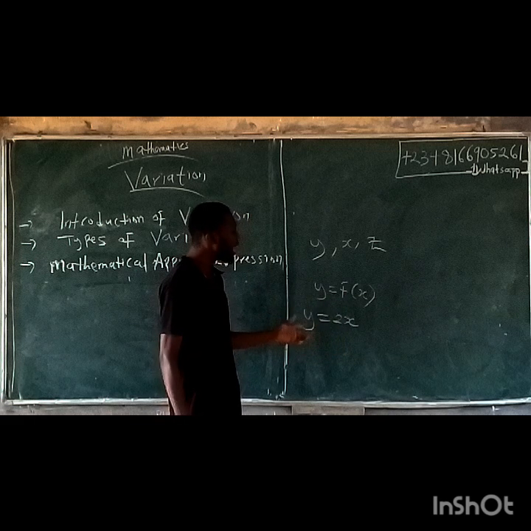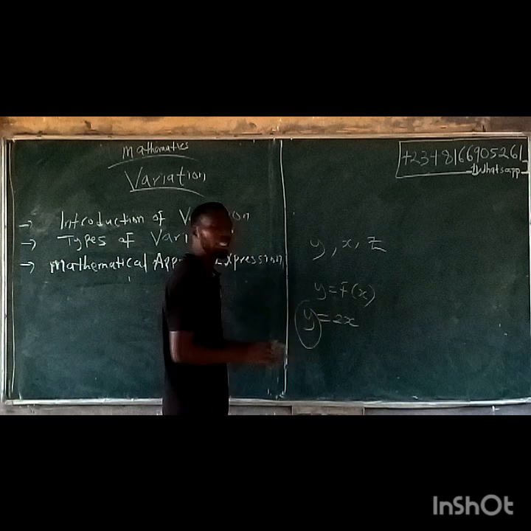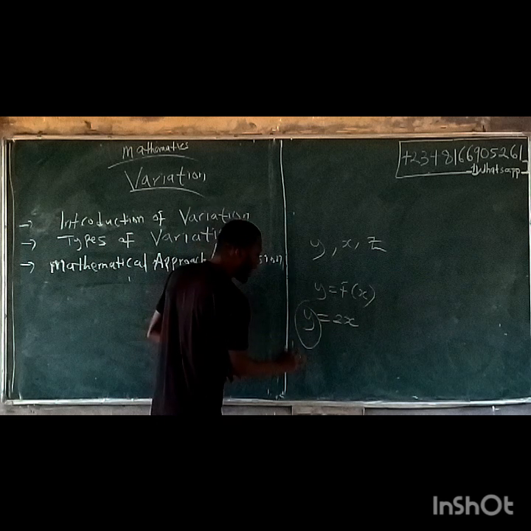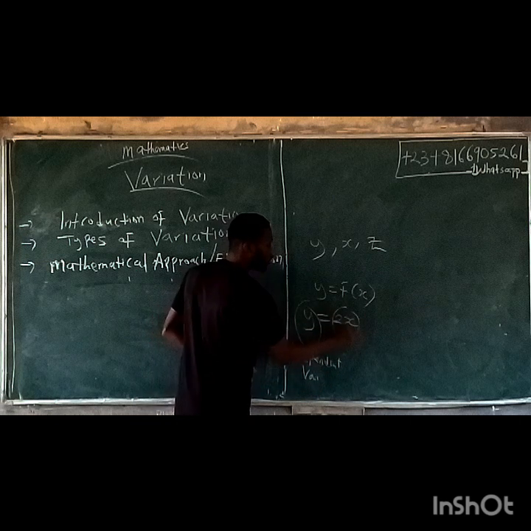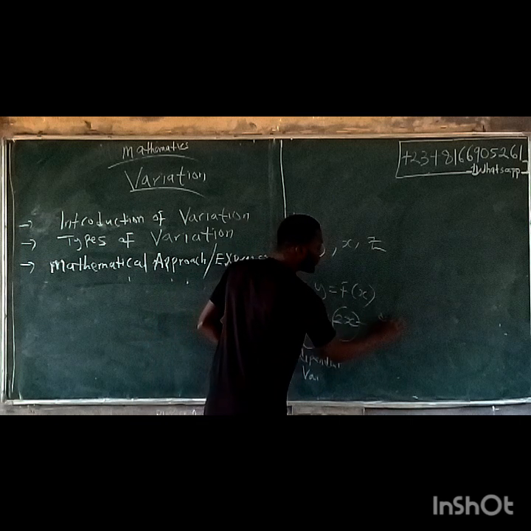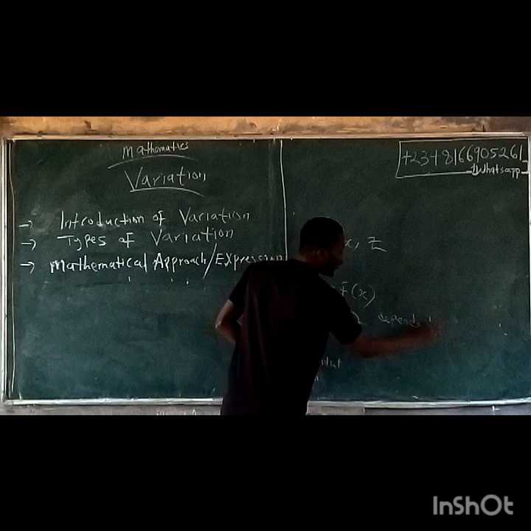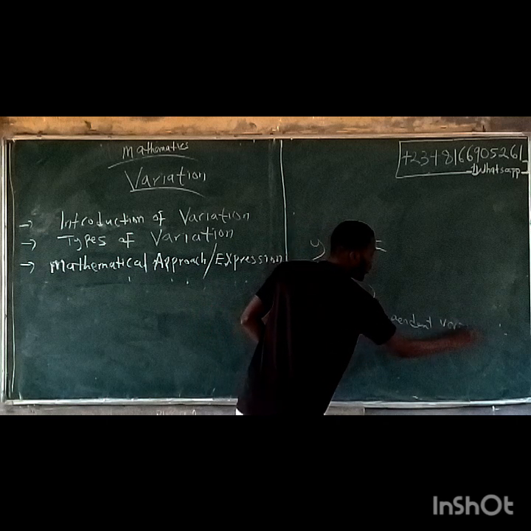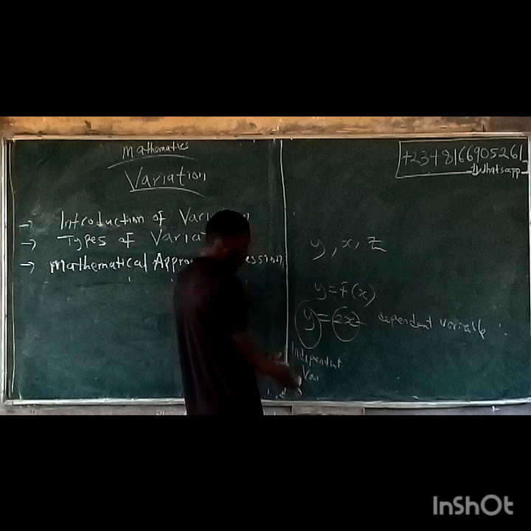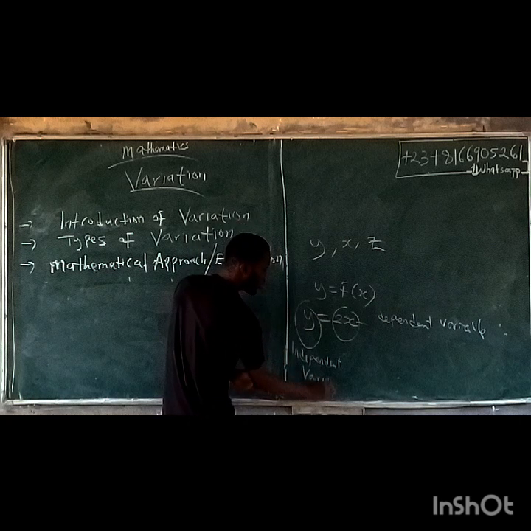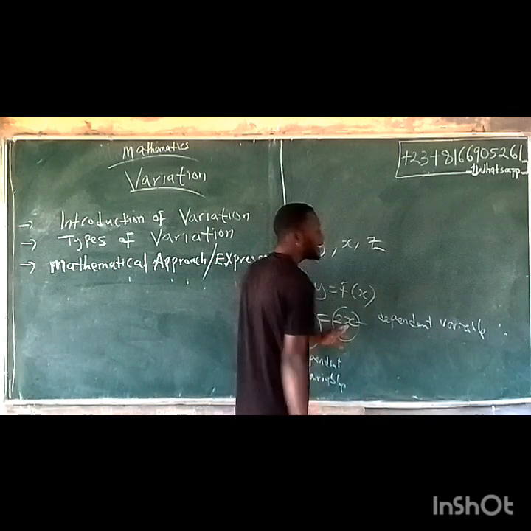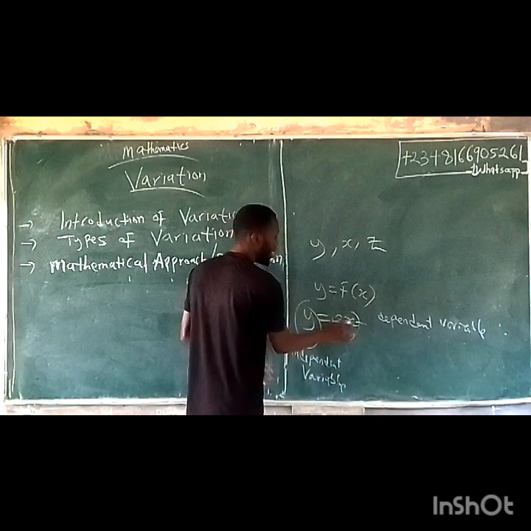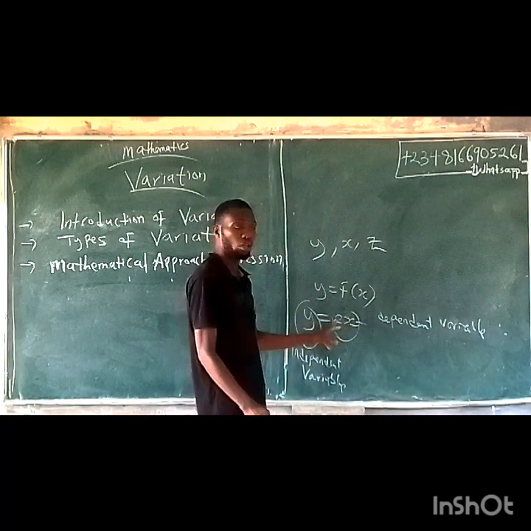Now, if we look at this, this one is called the independent variable, while this is called the dependent variable. This is called a dependent variable because it is depending on this.